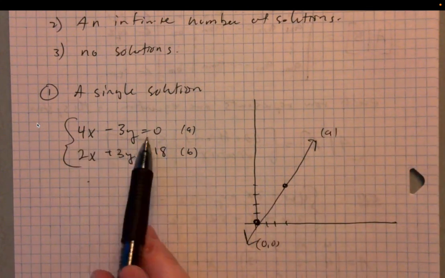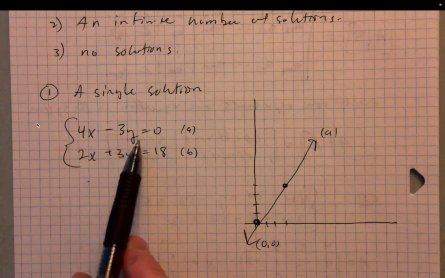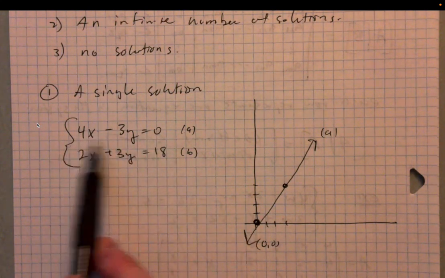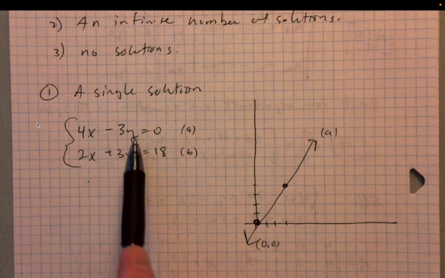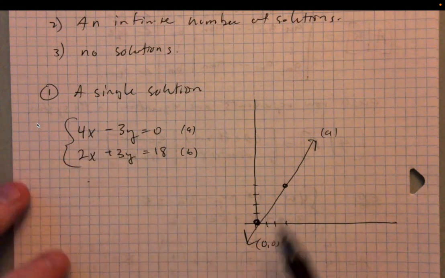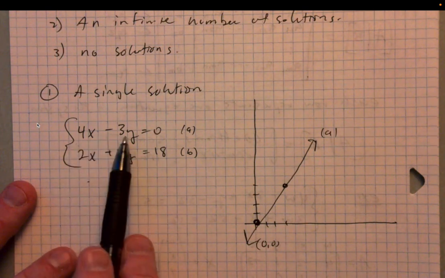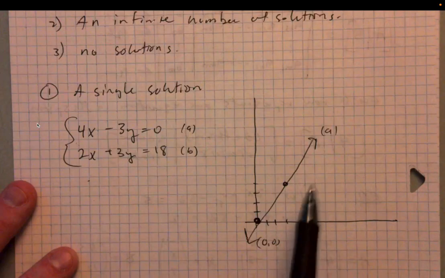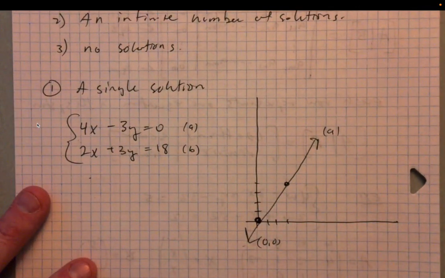So if you look at this, you can see that this is obviously going to have a y-intercept of 0, right? If you convert this to slope-intercept form and quickly plot these, you'd see that this first one looks like this. It's obviously going to have a positive slope, because you'll get the negative 4x over here, and then you divide by negative 3, and it becomes positive.